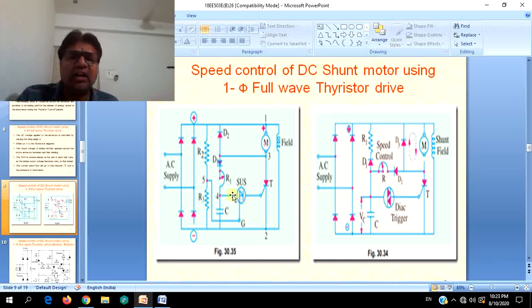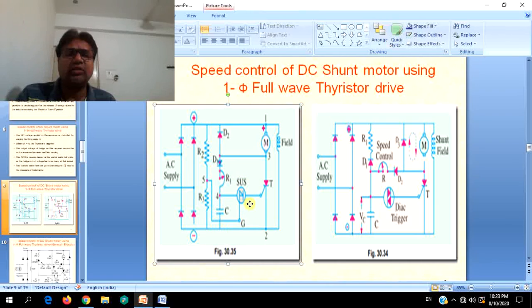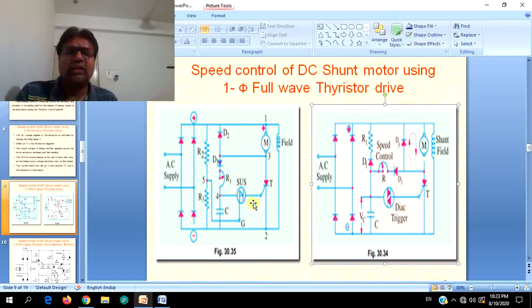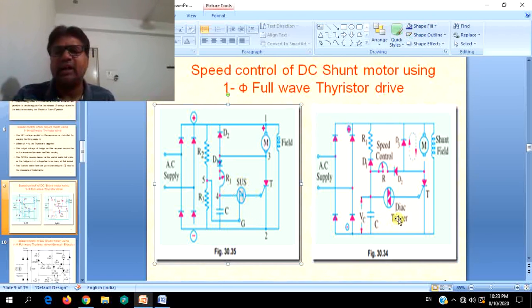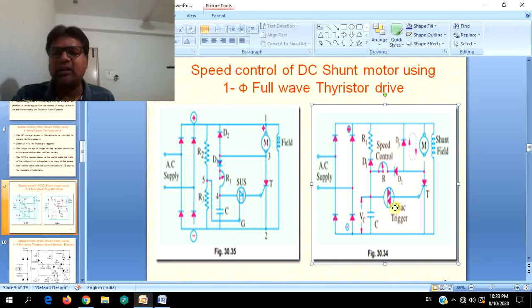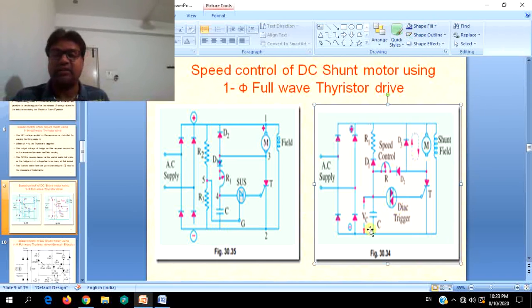And the triggering circuit. The triggering circuits to provide the required pulse to the SCR at the required instant are designed via a SUS, that is a silicon unilateral switch, in this circuit and a diac in this circuit. The triggering of an SCR by a diac, or of a triac by a diac, is similar.